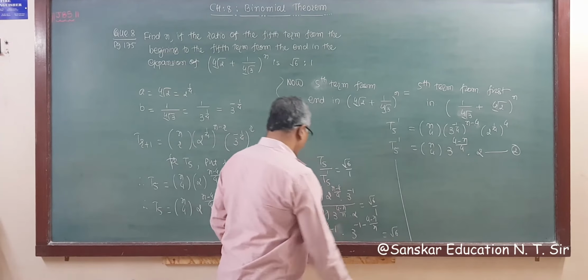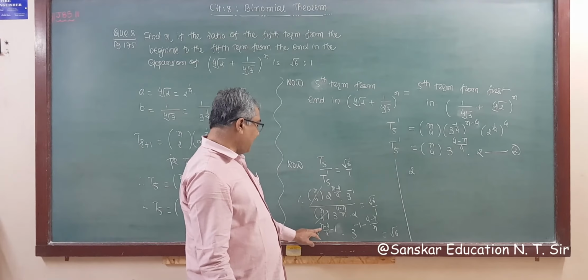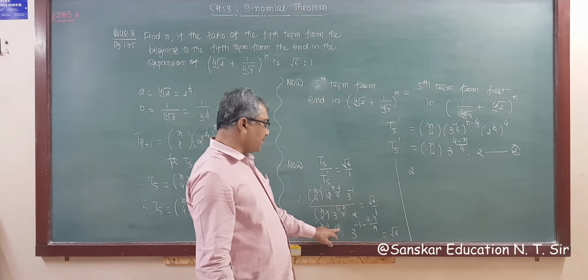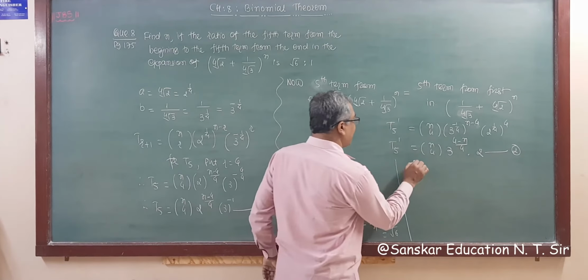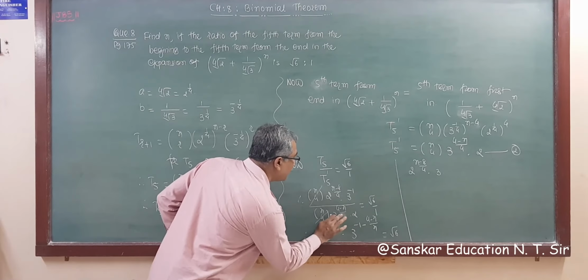So now taking LCM, this is 2 raised to (n minus 4 minus 4), that is (n minus 8) divided by 4, into 3 raised to minus 4 plus n, so again (n minus 4) divided by 4, right?